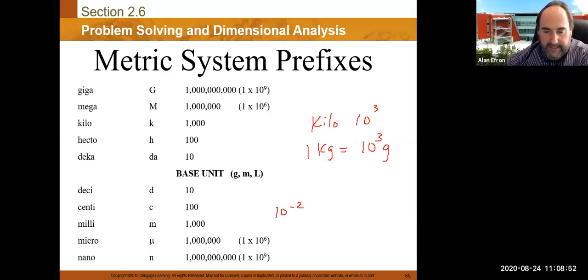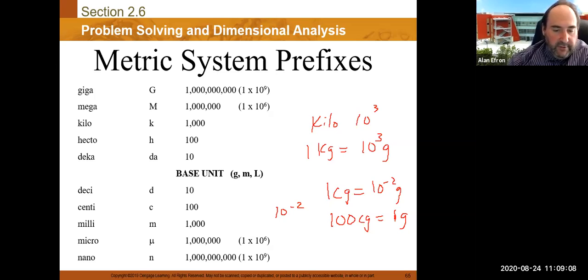So in 1 centigram, there would be 10 to the minus 2 grams, or 100 centigrams in a gram, if you take 1 divided by 10 to the minus 2. These are the same conversions that we saw earlier. And as we talked about, people oftentimes will do these things backwards, so you want to really watch out for that.